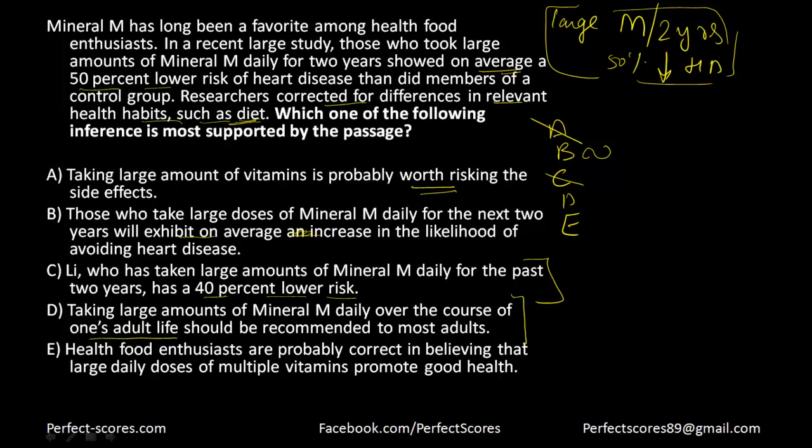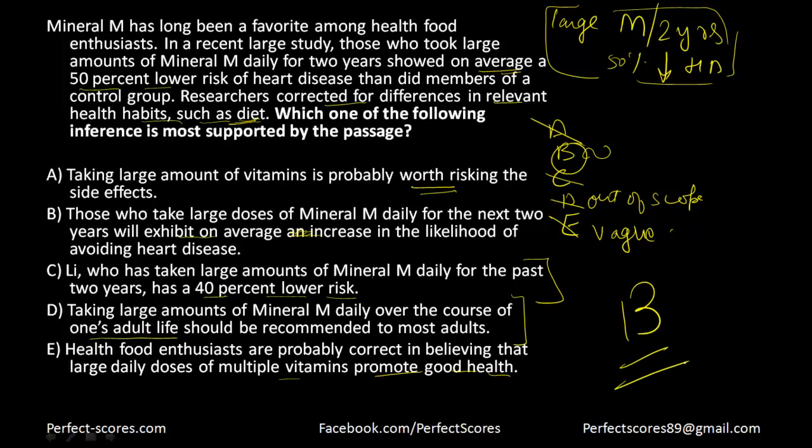We do not have any information about the entire adult life, so D is also out of scope, just like C. E says, health food enthusiasts are probably correct in believing that large daily doses of multiple vitamins promote good health. Again, this is a very vague option. It's not 100% true. It looks more like a guess, so our answer is going to be B.